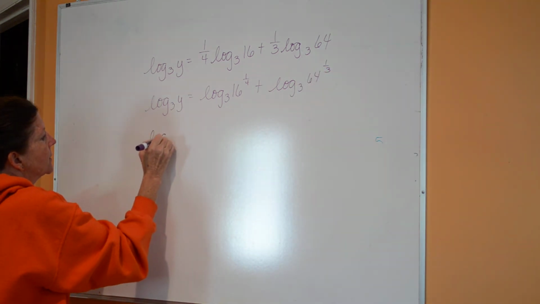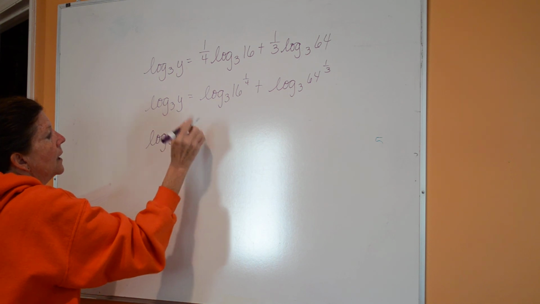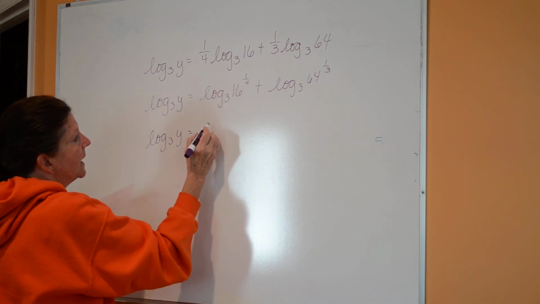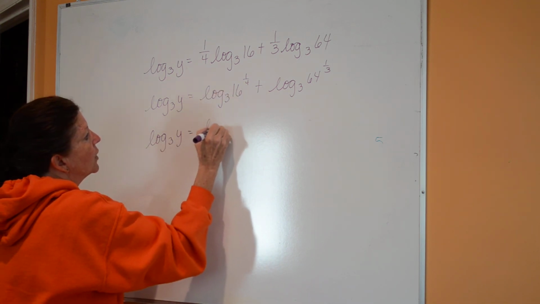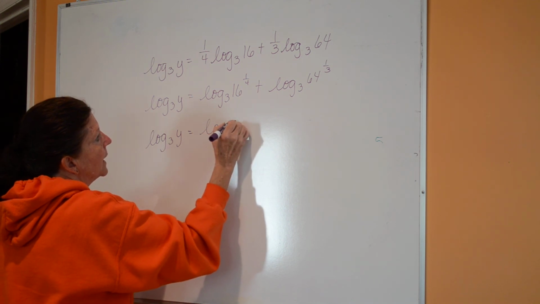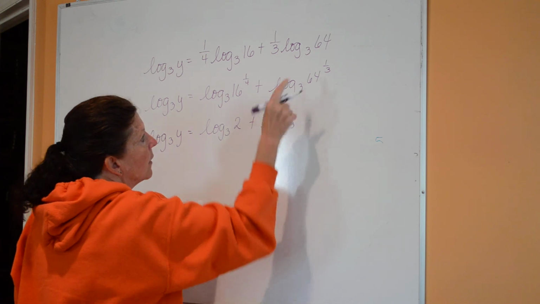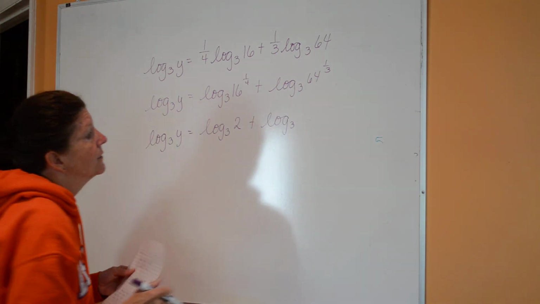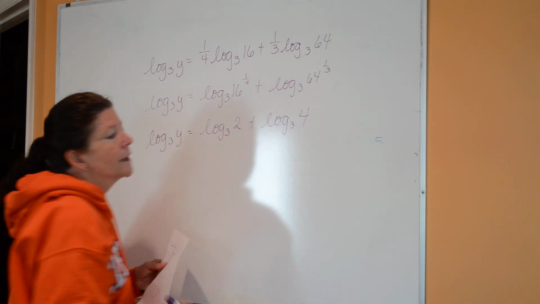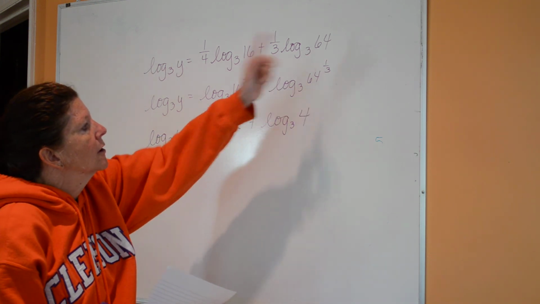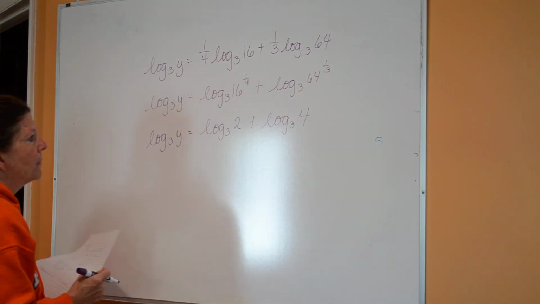So this side I'm still not doing anything to. The 4th root of 16 is equal to 2. So I have the log base 3 of 2 plus the log base 3 of the 3rd root of 64, which is 4. You can do that part on your calculator. 64 raised to the 1/3 power.